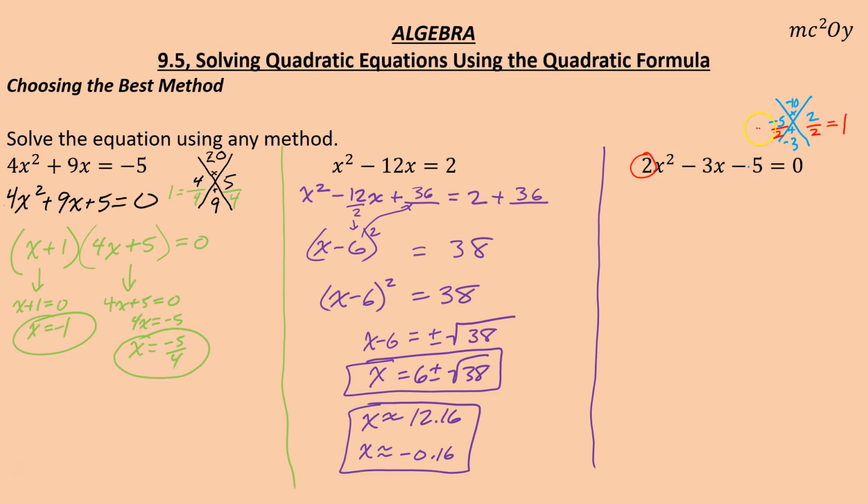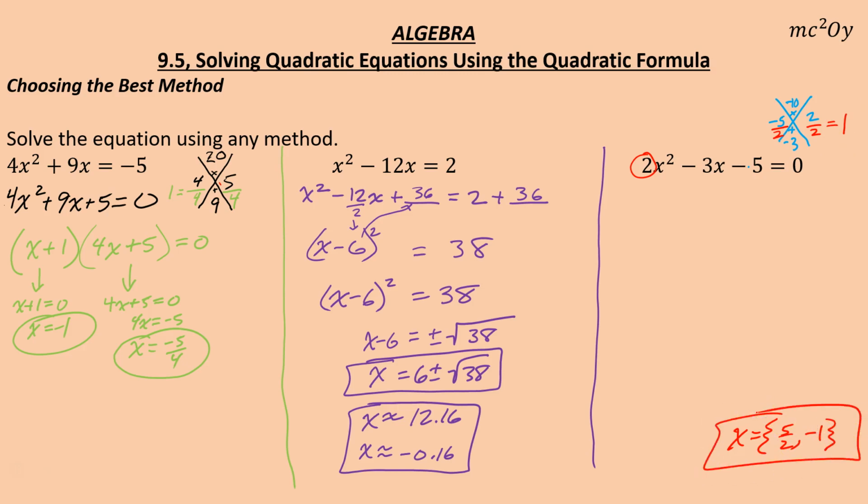That gives me 1. And this one just stays as negative 5 halves. So if you remember what I said over here, your answers are just sitting right there. One answer is going to be x equals the opposite of negative 5 halves, which is 5 halves. And the other answer is x equals the opposite of 1, which is negative 1. Those are my two answers.